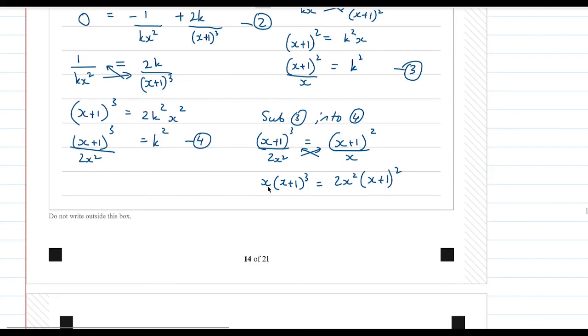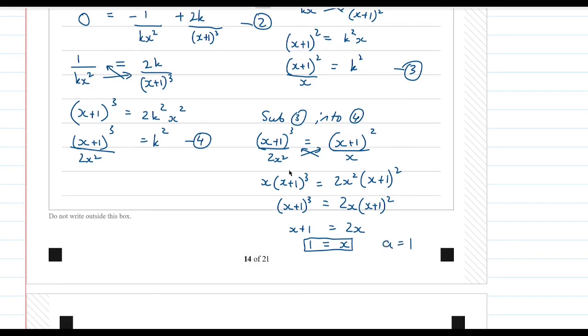Now if I divide by x on both sides, we have x plus 1 cubed equals 2x times x plus 1 squared. If I divide by x plus 1 squared on both sides, we just have x plus 1 equals 2x. Now we don't really need the brackets because there's nothing happening to it. Let's minus x on both sides, so we have 1 equals x. So our a value is 1 when we have a horizontal point of inflection.